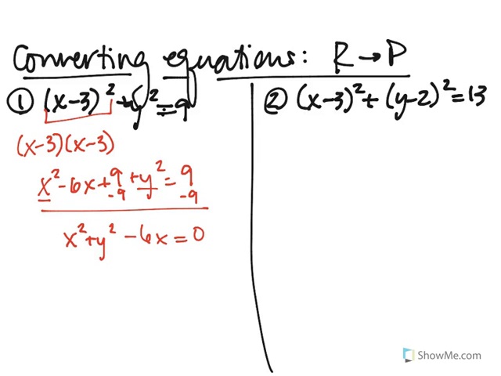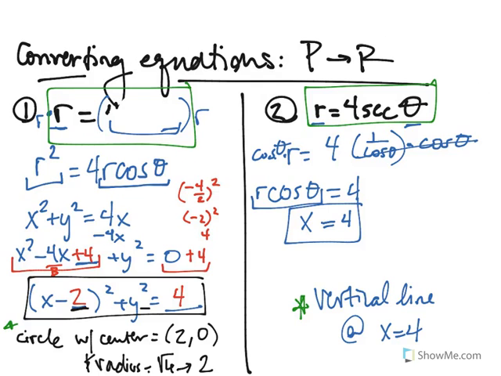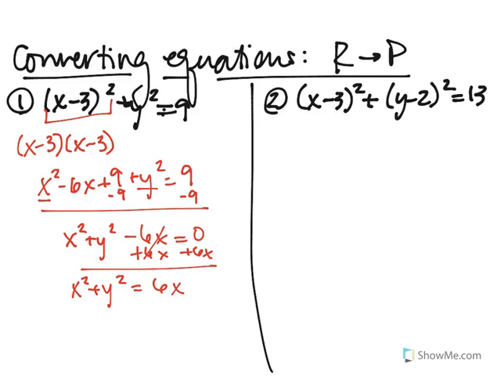I'm going to move that 6x to the other side just to make things a little bit cleaner too. I could have done that on the step above, but even if I didn't see it, I can move it now. Okay, now this is key, and this kind of looks like what we got into step 2 in this equation right here. I had r squared and I made it x squared plus y squared, and I had r cos theta and I made it x. Now I'm going opposite. Now I have x and I'm going to make it r cos theta, and I have x squared plus y squared, I'm going to make it r squared.